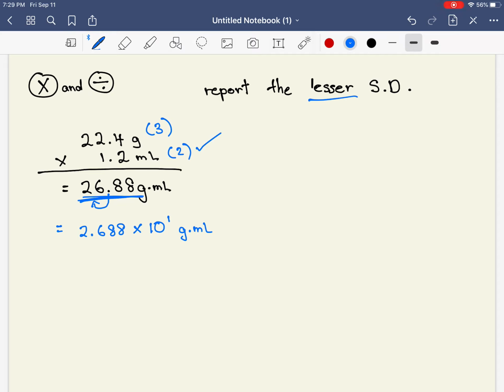Once I put it into scientific notation, now I can report my lesser significant digits. I want 2, right? No problem. 2.7. There's my 2. Times 10 to the power of 1.